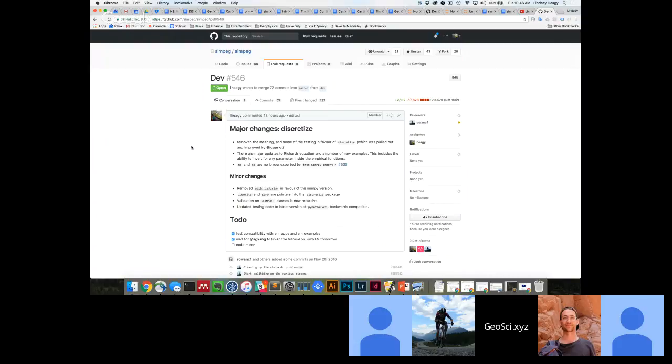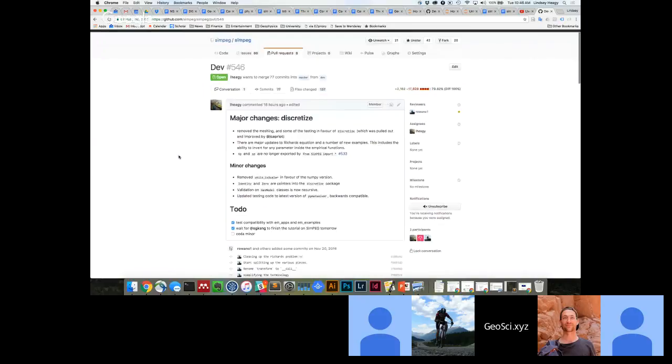And then Rowan updated the Richards stuff. It works better now, so you can invert for any of the different empirical parameters. I might talk about that at a later time, because I think it has some application to IP, and anytime we want to do any mapping that depends on the model or on the fields.